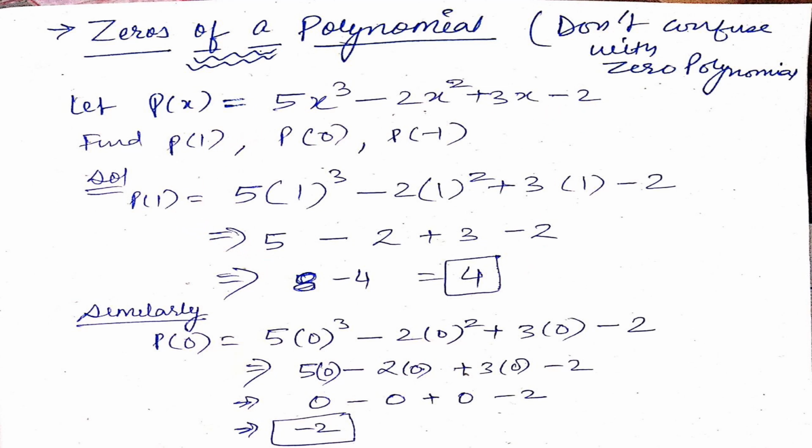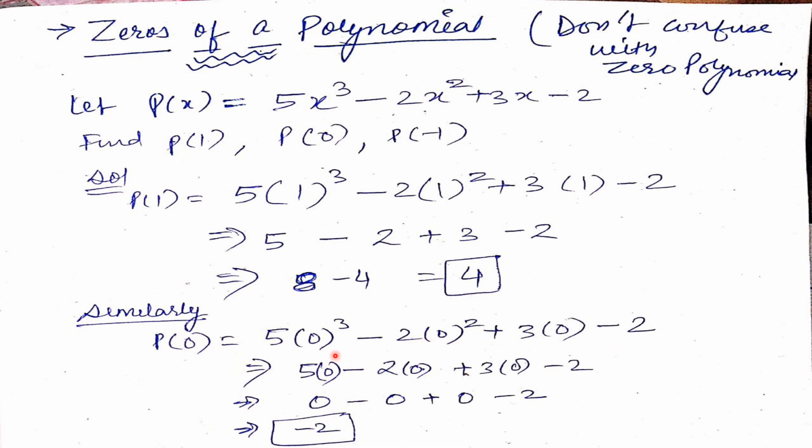Got it? Similarly, let's do the second part, that is p(0). What does it signify? It signifies that we have to put x equal to 0 and check what is the answer. Let's see. 5(0) cube minus 2(0) square plus 3 into 0 minus 2.